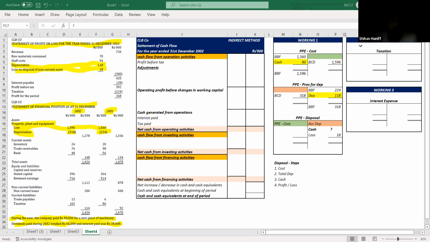There is a question. Provision for depreciation and accumulated depreciation both are same. Yes. Accumulated depreciation and provision for depreciation mean both same.